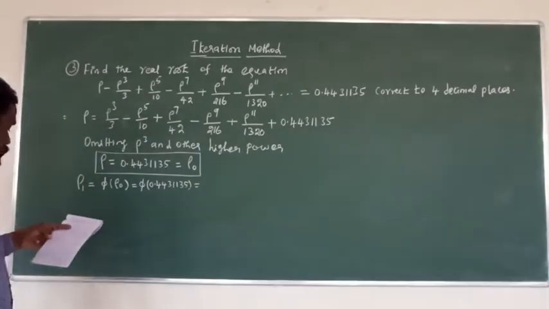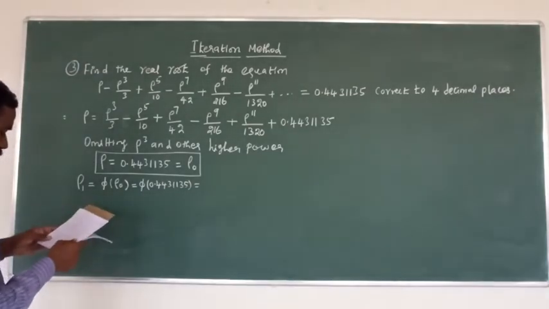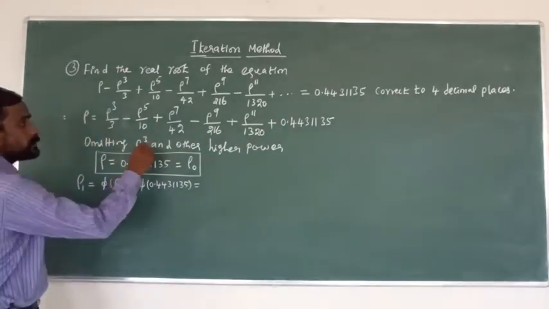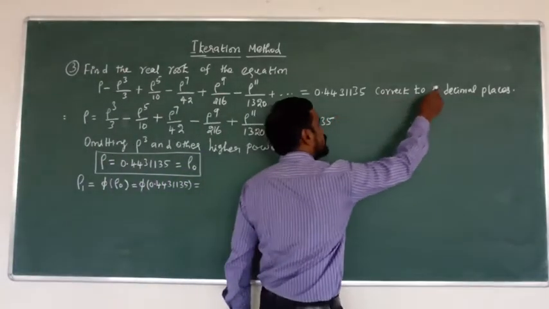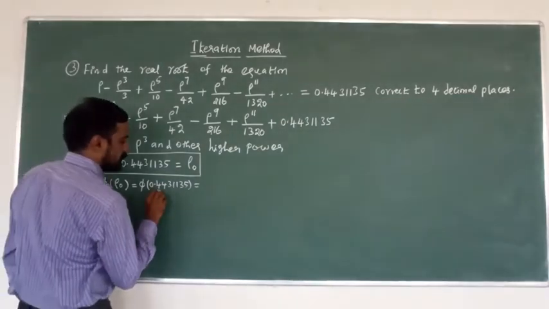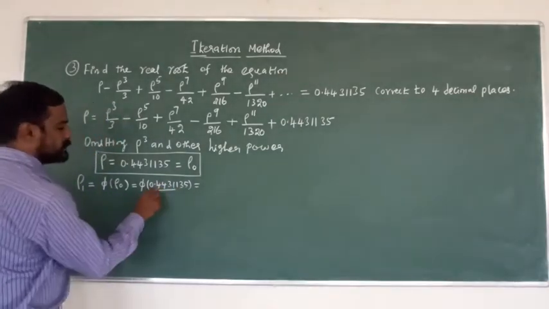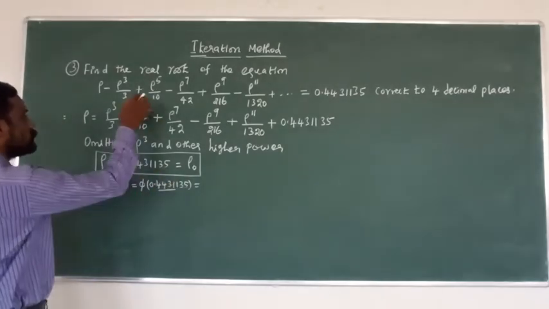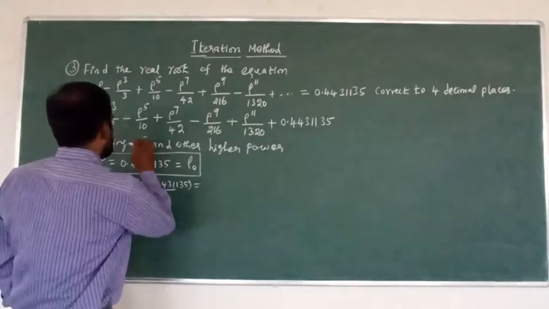Now we can take 0.4431 up to 4 decimal places. So we can take only up to 4 decimal places, 0.4431, and substitute this value here.